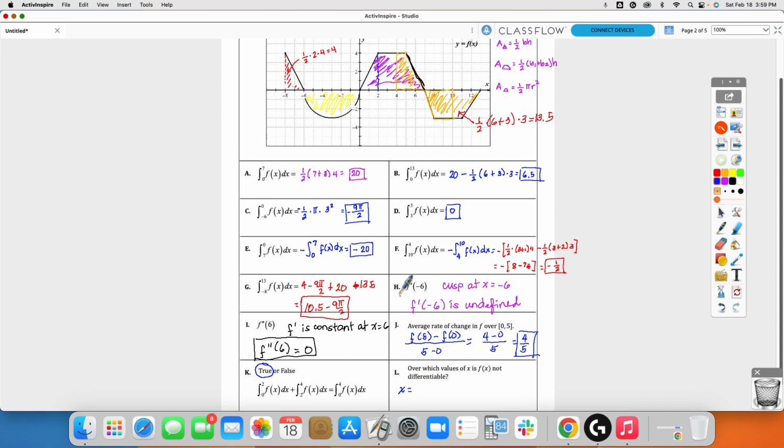So that would be at x equals negative 6, or else at x equal to 0, at x equal to 2, you have a corner, at x equal to 5, at x equal to 7, okay? At x equal to 8, and at x equal to 11.